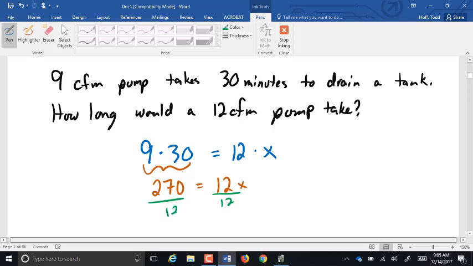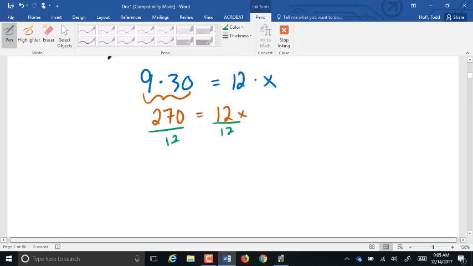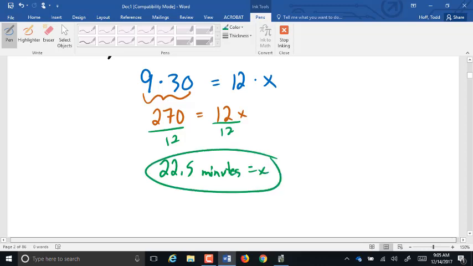We'll divide by the 12. 270 divided by 12 is 22.5 minutes. So the 12 CFM pump takes 22.5 minutes.